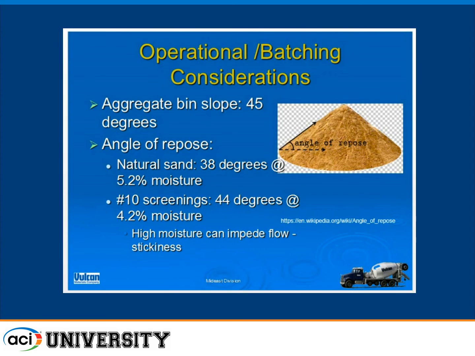That's just great if you're using natural sand. The angle of repose in this particular sand is 38 degrees at 5.2% moisture, and the bin is 45 degrees, so the material is going to move very well by gravity feeding into the mixer.